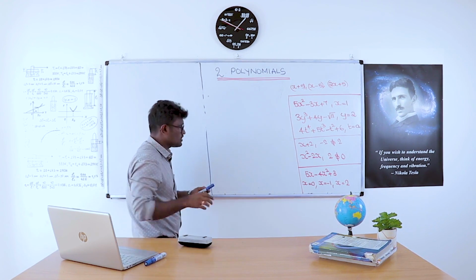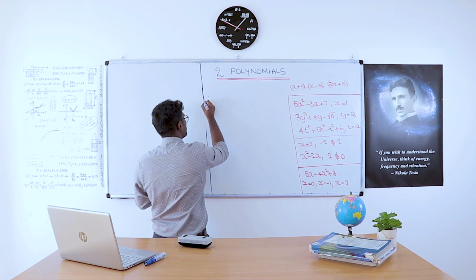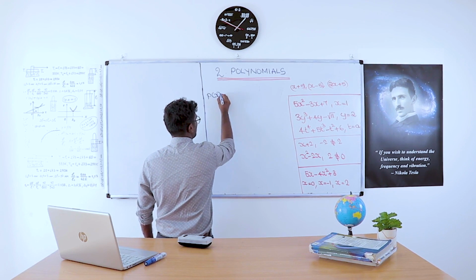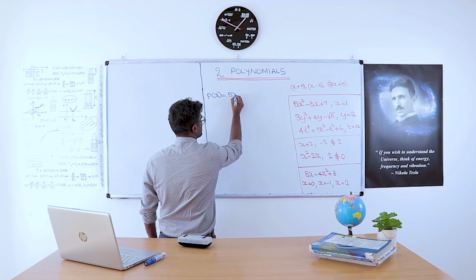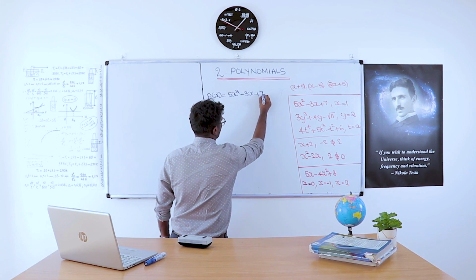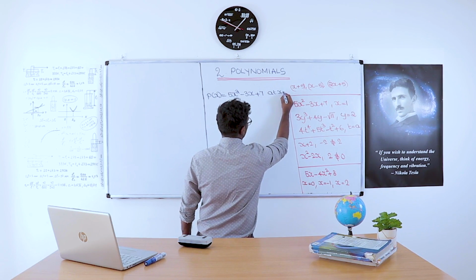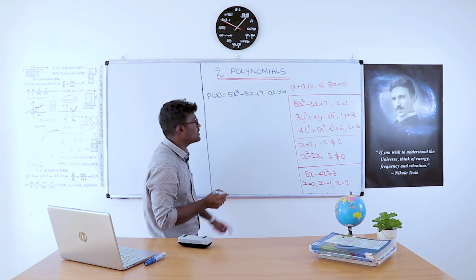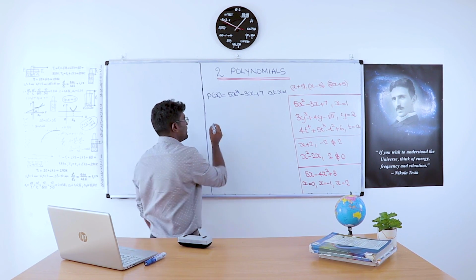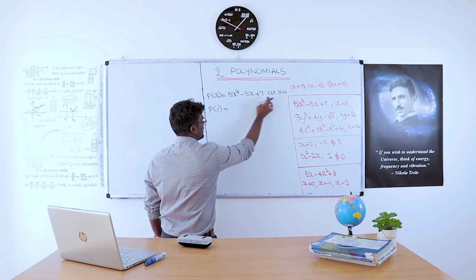The first example is to find the value of p of x equal to 5x square minus 3x plus 7 at x equal to 1. If you have to find the value of p of x at x equal to 1, that means you have to find p of 1.